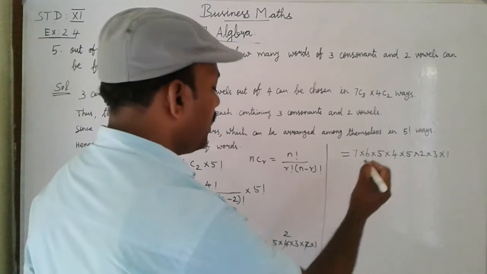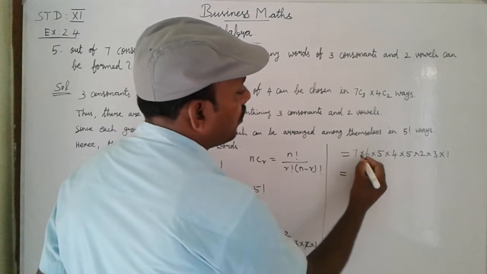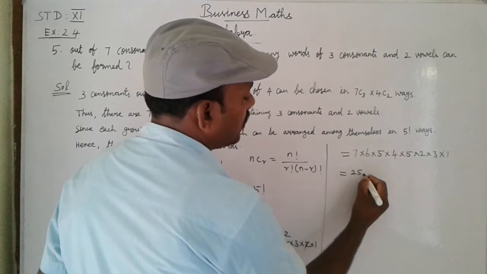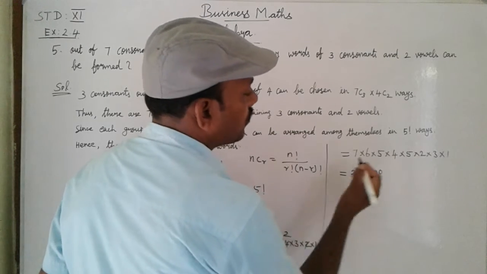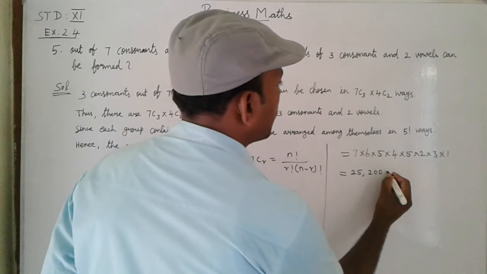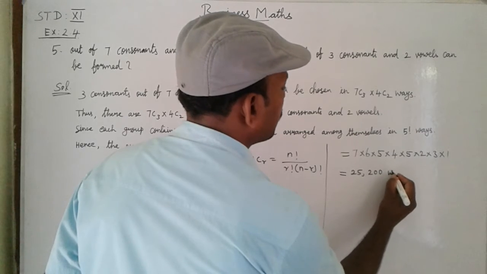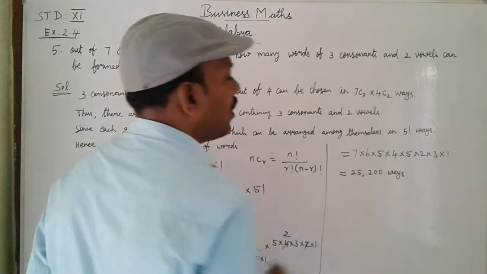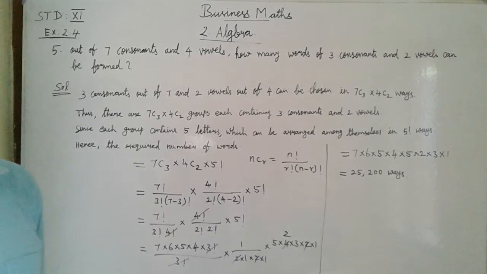So multiplying, we get 25,200 ways. 25,200 ways. That's all.